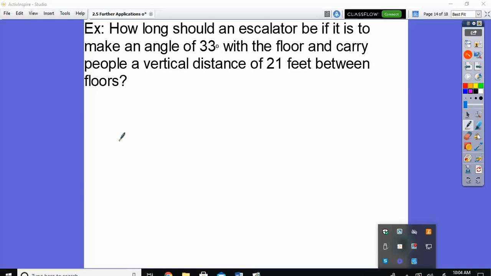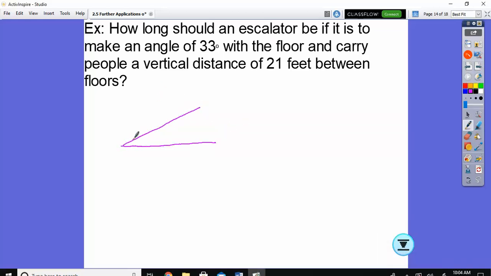So you've got the floor, it makes an angle of 33 with the floor. The escalator would be this hypotenuse. The vertical distance was 21, so we have a right triangle. Opposite and hypotenuse would be sine. So the sine of 33 degrees equals the opposite, 21, over hypotenuse, x.